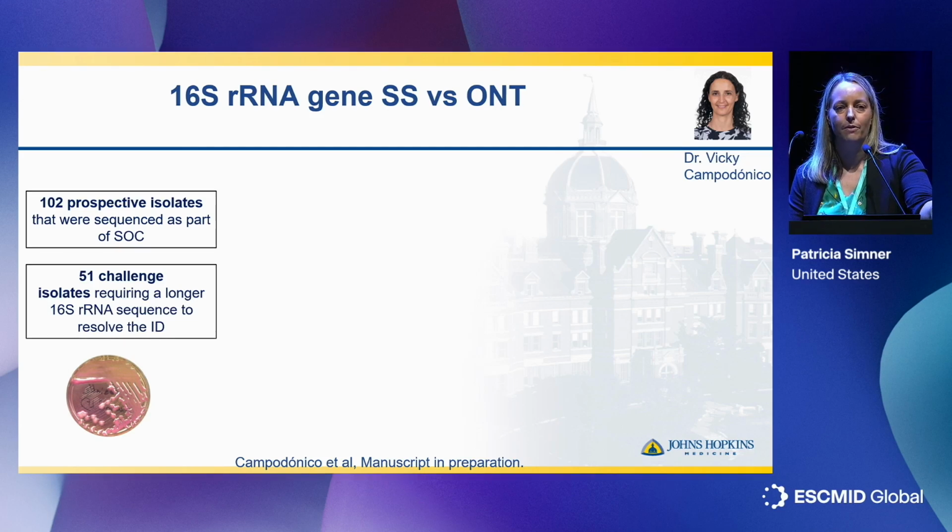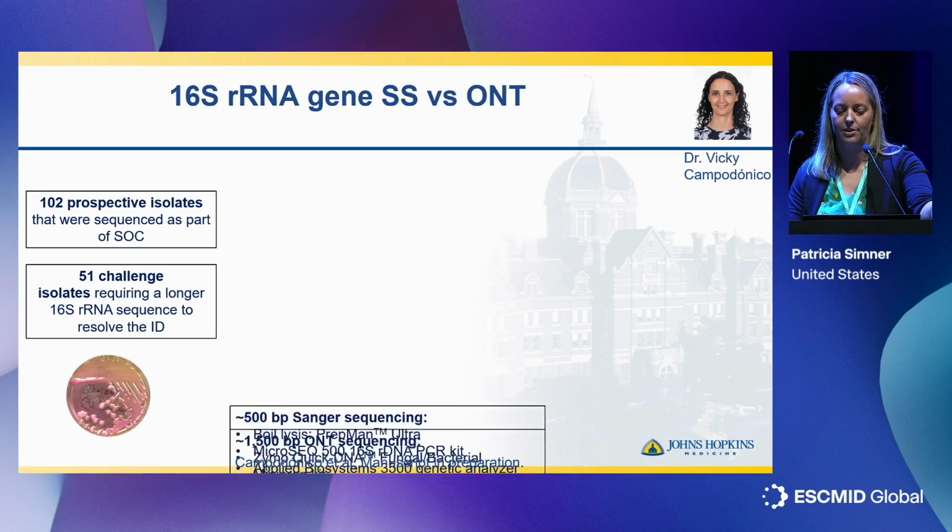And this was a study performed by a previous fellow of ours, Dr. Vicky Campodonico. In the study, we evaluated 102 prospective isolates that were sent for Sanger sequencing for bacterial identification, and also challenged it with 51 isolates where we knew the longer read length or coverage of the 16S gene would help resolve the identification.